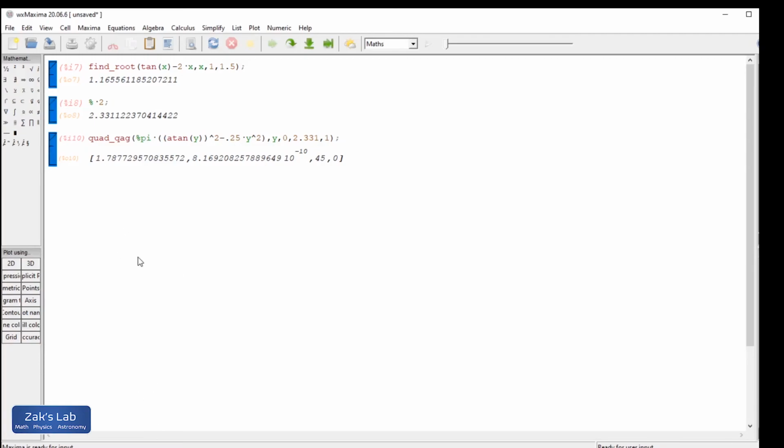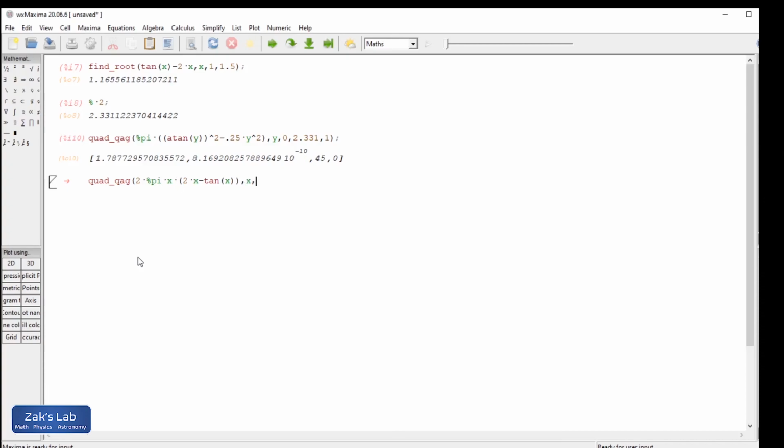So we're going to integrate, but I'm just going to go ahead and tell Maxima I want to do a numerical integral, so that's quad_qag. I had 2 times pi, that's %pi, times x multiplied by the quantity 2 times x minus tangent of x.